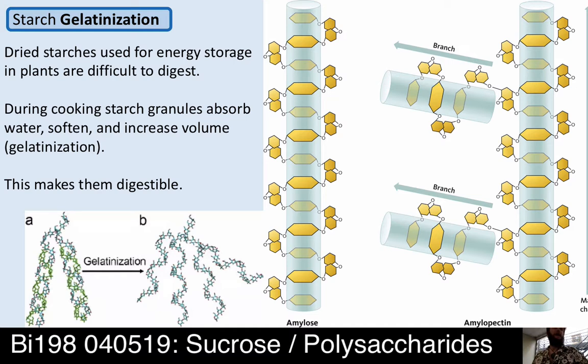It's just compact when it's dehydrated, and then it increases in volume when it gets hydrated. With amylopectin, we call this gelatinization. This is what a gelatin is. When they get hydrated like this is what makes them easily digestible.